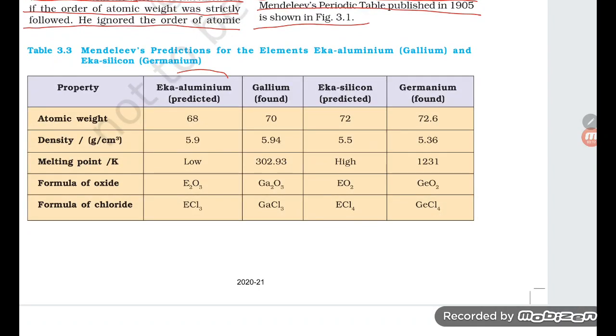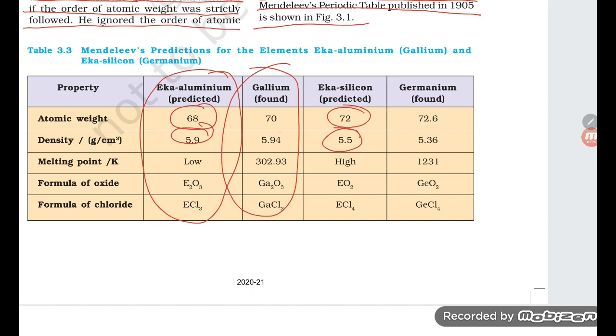So what is expected for Eka-aluminum? This is gallium. Mendeleev predicted 68, and what is found is 72; the other values are 5.5 and 5.9, low and high. So these are what he predicted.